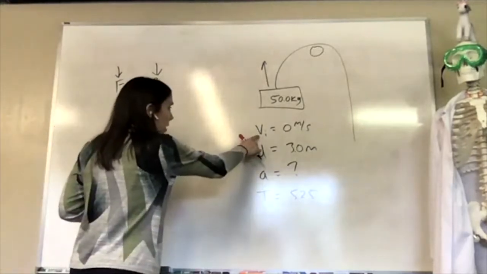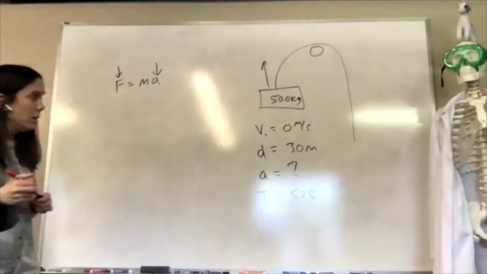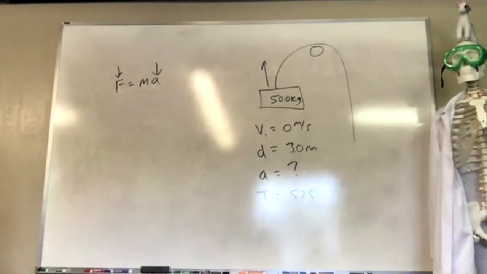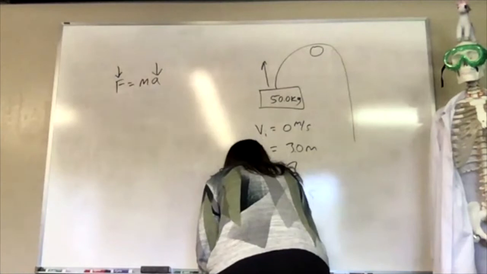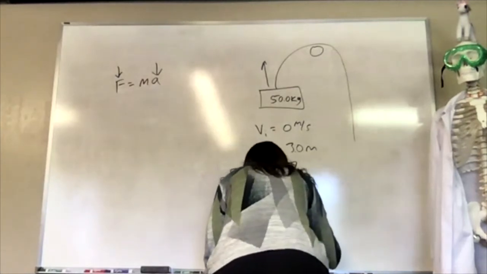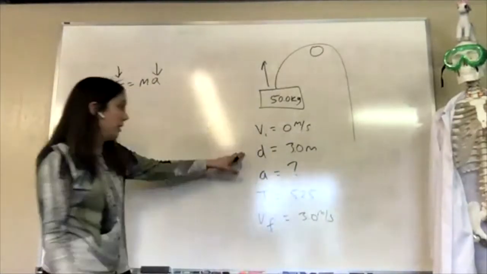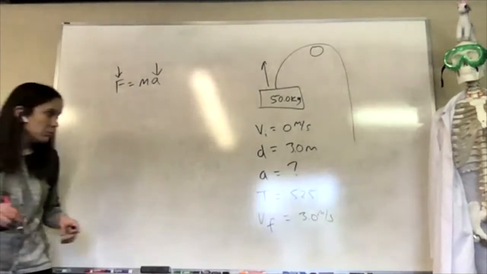So we know initial velocity is 0 meters per second. We know displacement. We want to find acceleration. Are we given anything else in the problem? Yeah, we're also given final velocity. They tell you in the problem that the final velocity of the bucket is 3 meters per second. So if we know final velocity, displacement, and initial velocity, we can solve for acceleration.